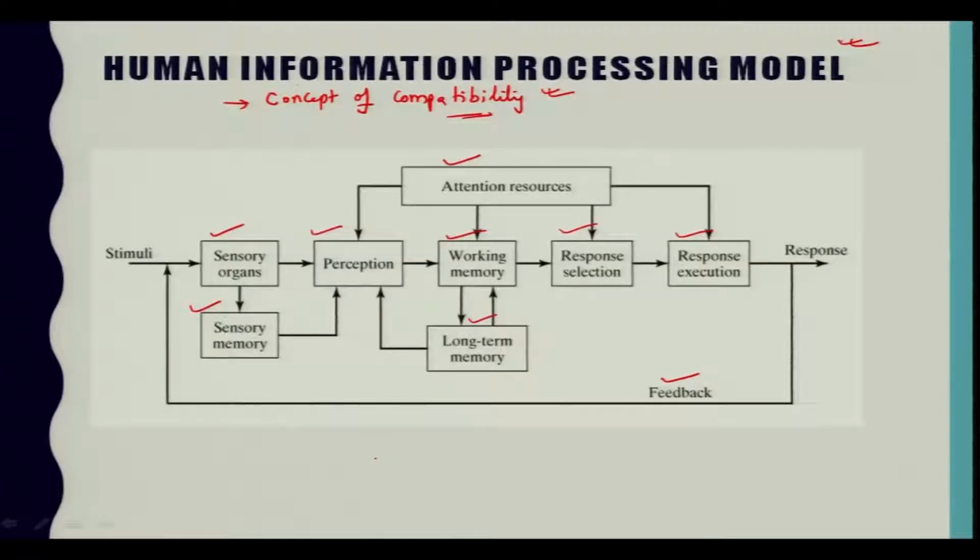We want the controls to be located in a logical position relative to the operation. That is spatial compatibility, which we covered in previous lectures. And we want the actuation of controls to be consistent with the operator's expectation. That is movement compatibility.